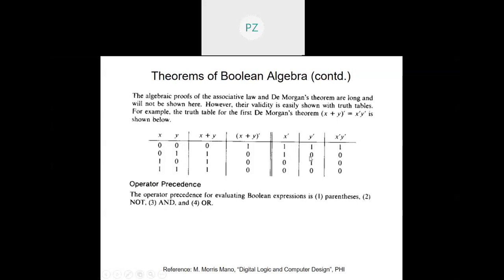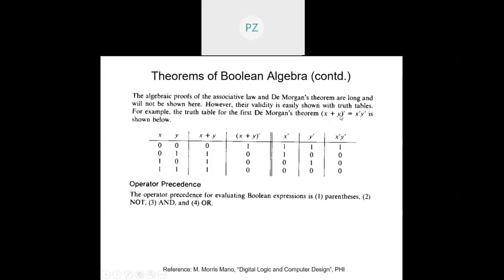So there is at least one 0 here, so it's 1 0 0 0. Now you see this column and this column are the same. So that means they are the same, because we're talking about the truth table, which exhausts all the possible combinations. So this shows the validity of De Morgan's theorem.